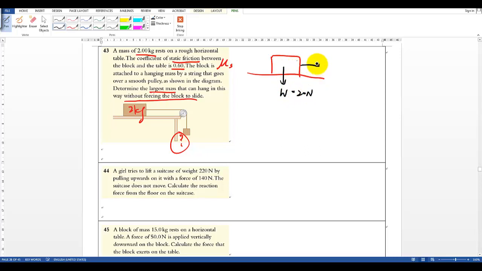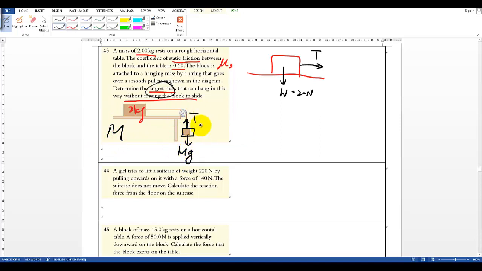You have the tension. If you look at the block here, then you have its weight, which, let's just assume the answer we want to find is the big M, the so-called maximum mass, so big M g, and then you have the tension.